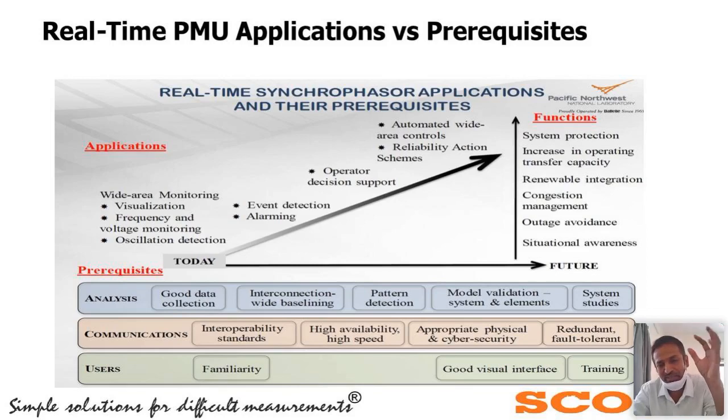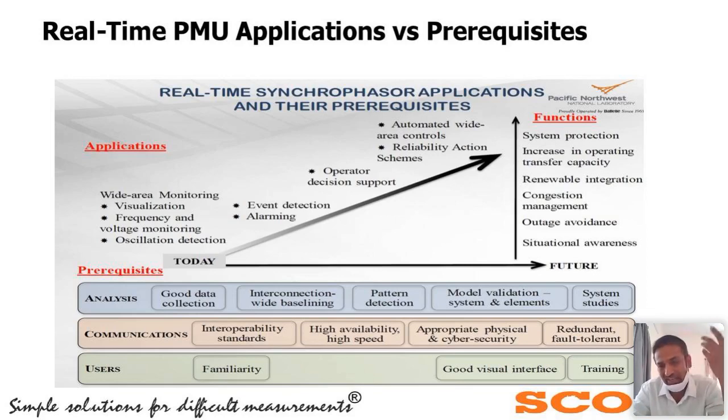And congestion management: you can see whether your demand is very high and your supply is very low, so you take the decision of disconnecting a few of the feeders, or some low-importance feeders at substations, so that your stability can be maintained. Those things are also very easily handled using congestion management.